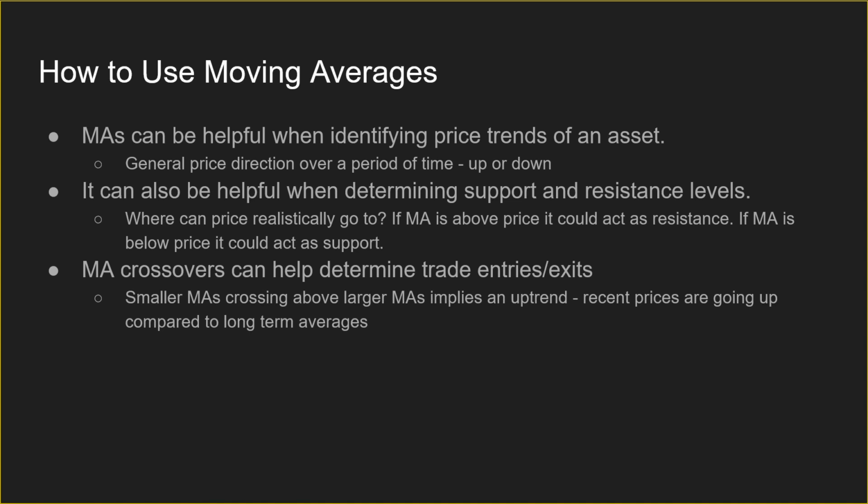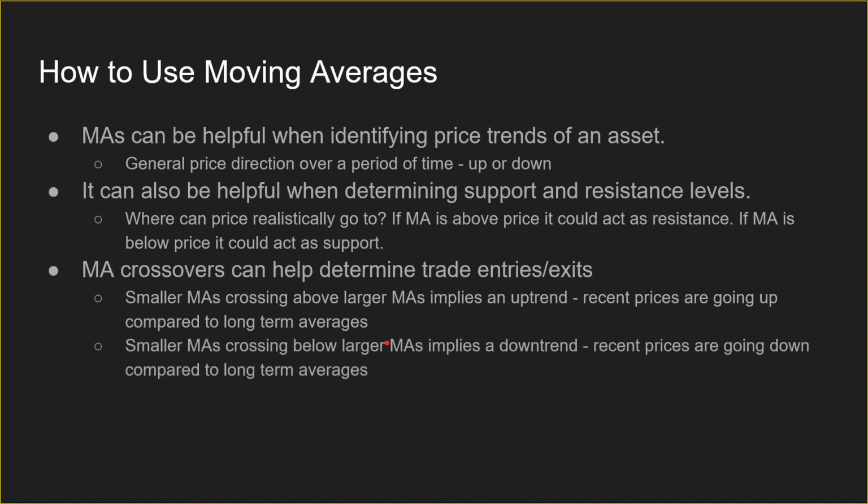This is where smaller moving averages cross over larger moving averages, which implies an uptrend. Recent prices, right? The recent prices are represented by the smaller moving average. Those are going up compared to the long-term averages. And if the smaller moving average crosses below a larger moving average, that implies a downtrend, where recent prices are going down compared to long-term averages.